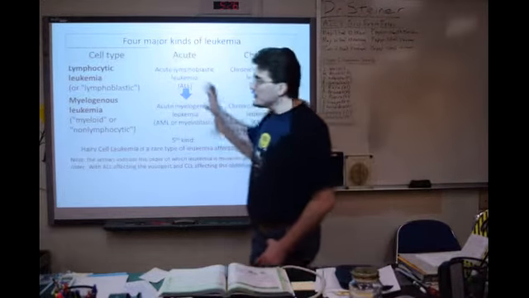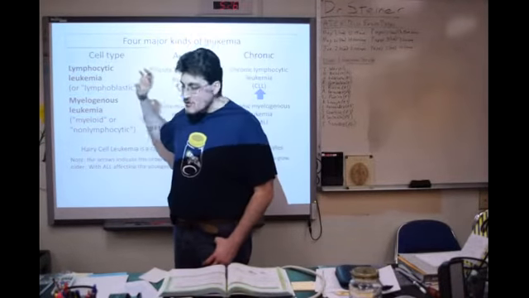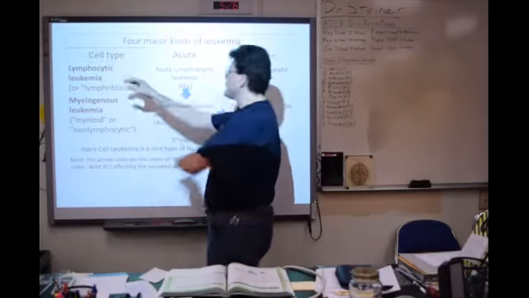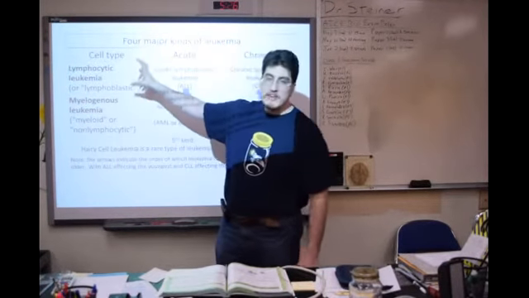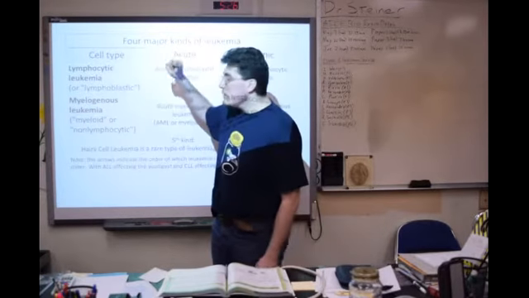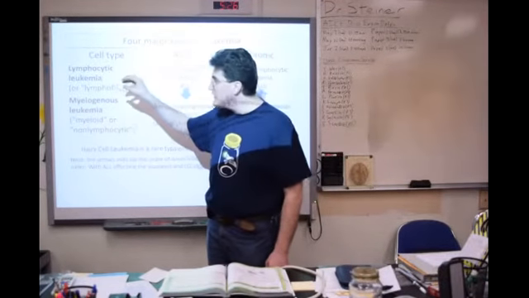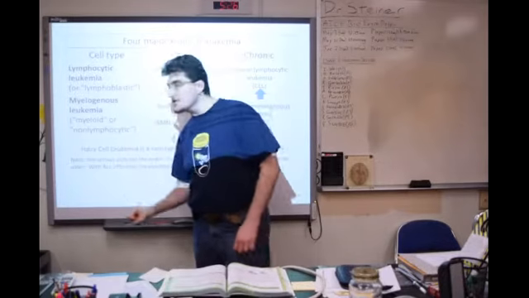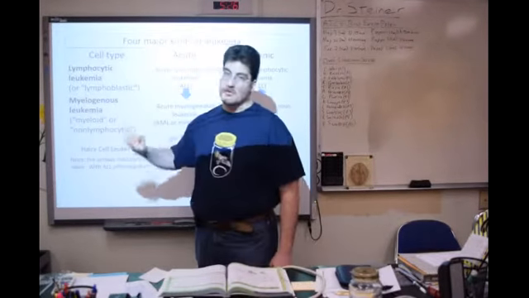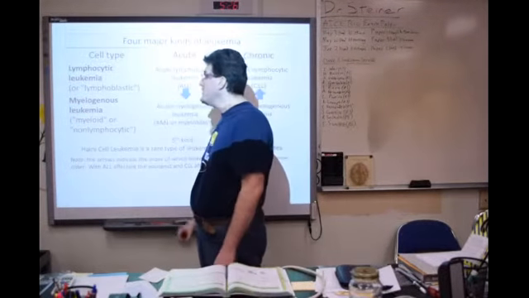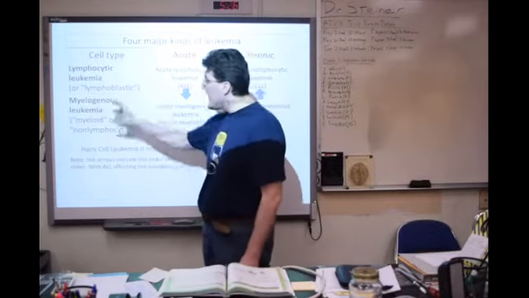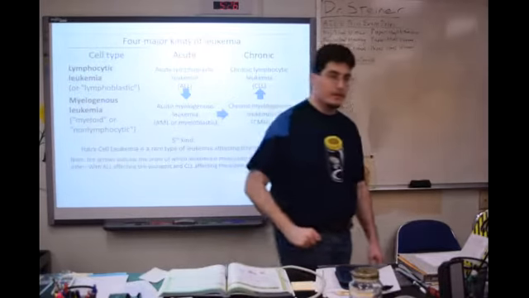Now, we can also divide them by their progenitor cell type: lymphocytic leukemia and myelogenous leukemia. The lymphocytic leukemias originate from the lymphoid progenitor cells, and the myelogenous originate from the myeloid progenitor cells. So the lymphocytic leukemias are the lymphoblastic type, and the myelogenous leukemias, the myeloid or non-lymphocytic type.